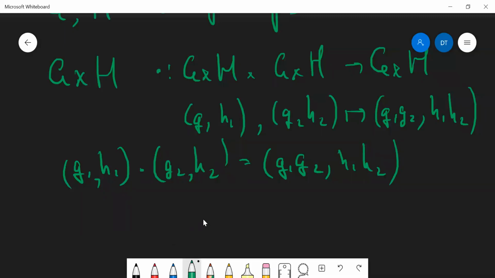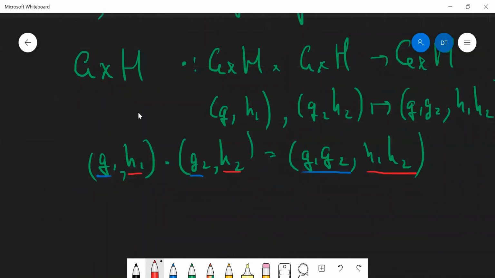This is how it works, but you need to preserve the order of the arguments. So if G1 was on the left, then here it is also on the left. So this is how you multiply the elements. All first elements go to the first coordinate and the second elements go to the second coordinate.